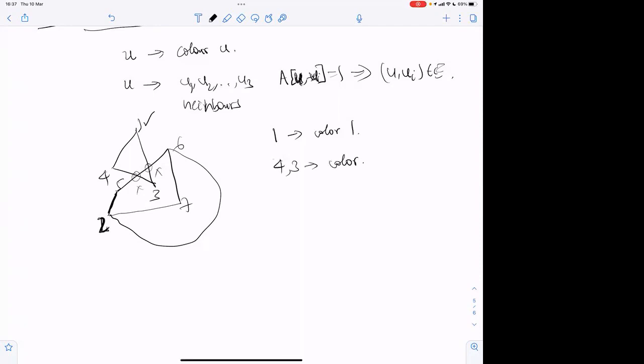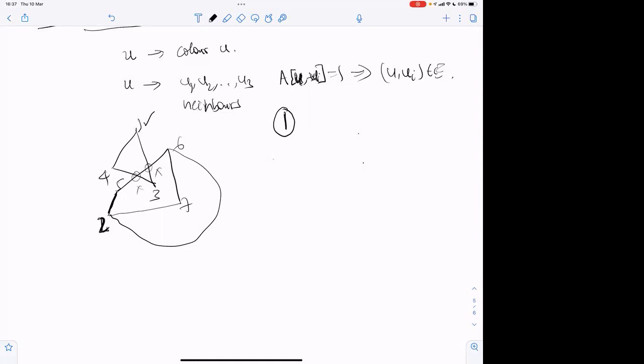No, I'm not structuring it well. I should say you first take a vertex 1, correct? And you mark it, you color it, correct?